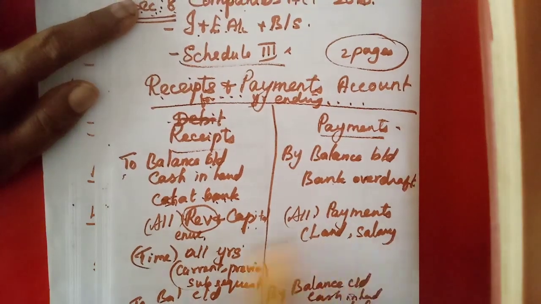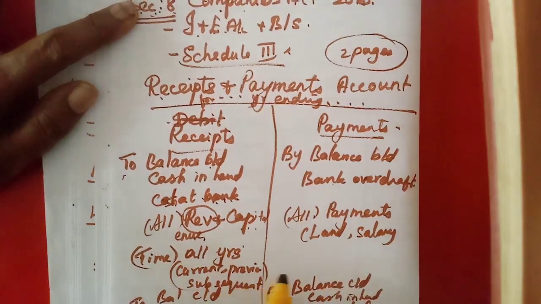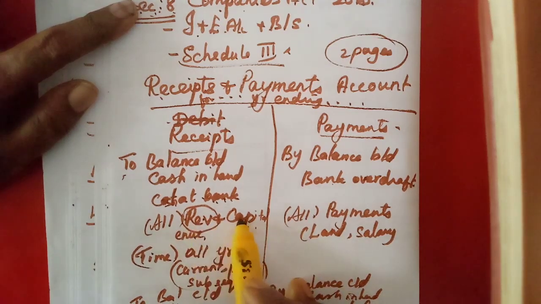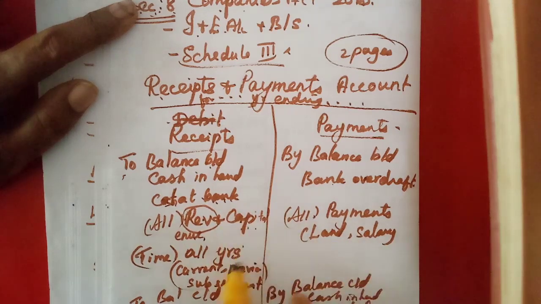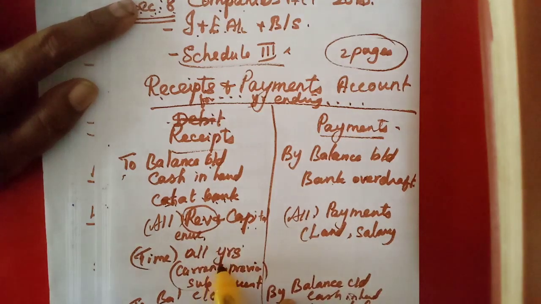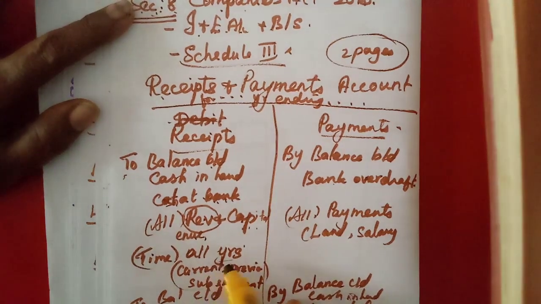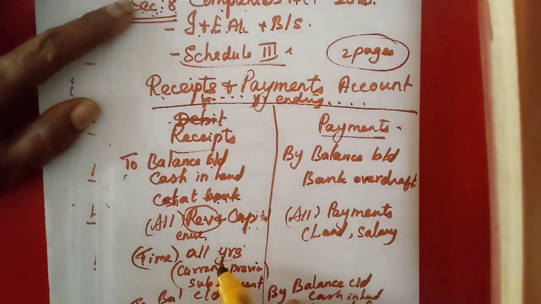Then, do not worry about or no need to distinguish between revenue nature and capital nature of receipts and payments. And in the same way, no need to distinguish between the year of payment, whether it is the current year's items, the previous year's items, or the subsequent year's items.